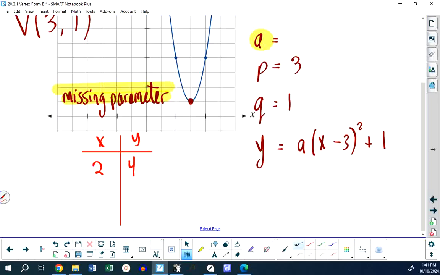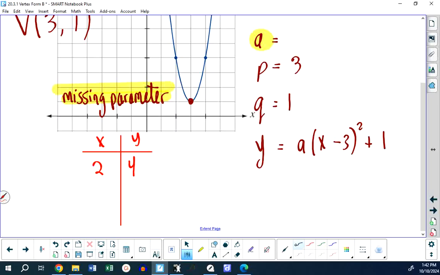Would you agree that 2, 4 is a point on that parabola? That means when you put x into the equation, you have to get 4 for y. When you put x equals 2 into the equation, you have to get 4 for y. Let's do that, and then I'll talk about what you recommended, and we'll see that, unfortunately, that doesn't work, okay?